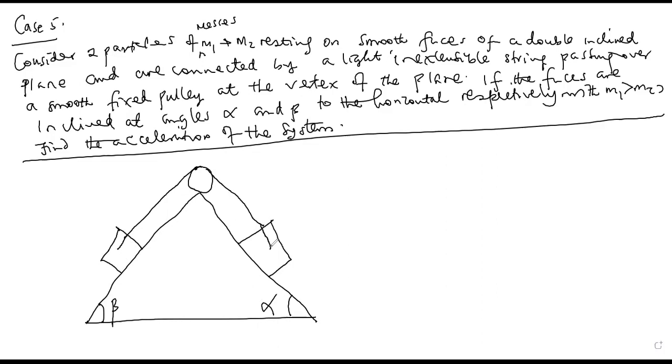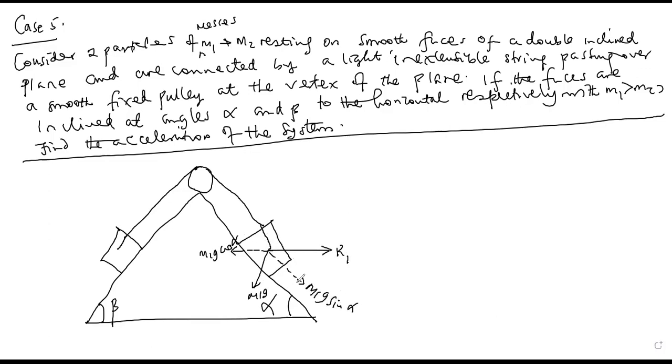So looking at these masses, if this is mass 1 kilogram, so this will be m1g. And as usual, it will have the resolved components and the normal reaction R. We call it R1. And here, we shall have m1g cos alpha. And here, we shall have m1g sin alpha.